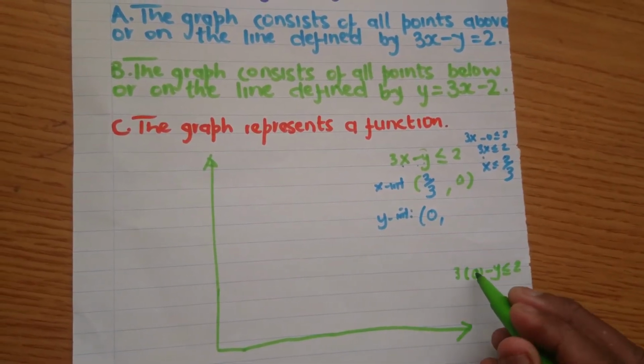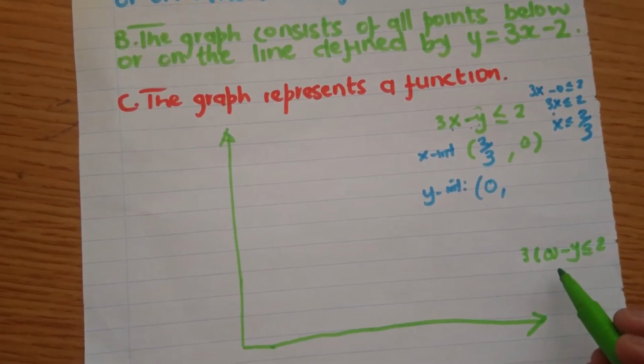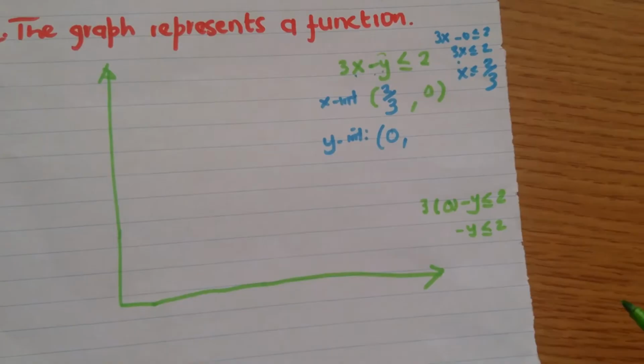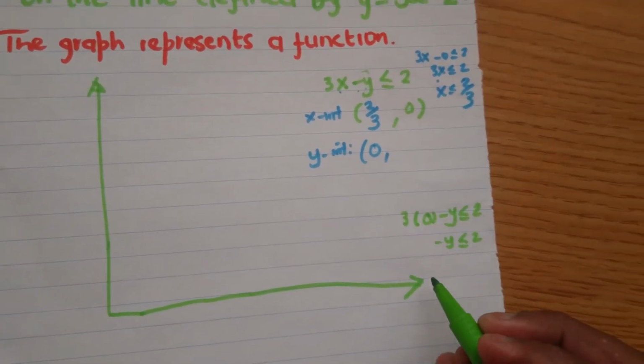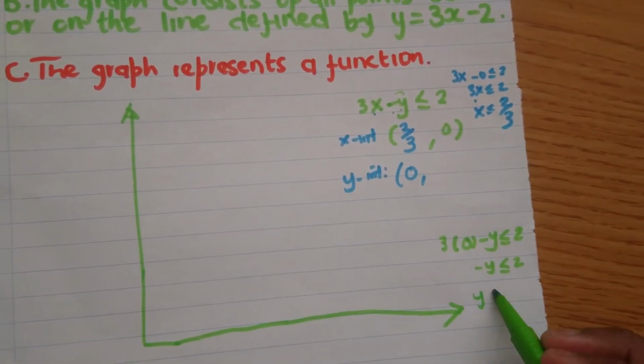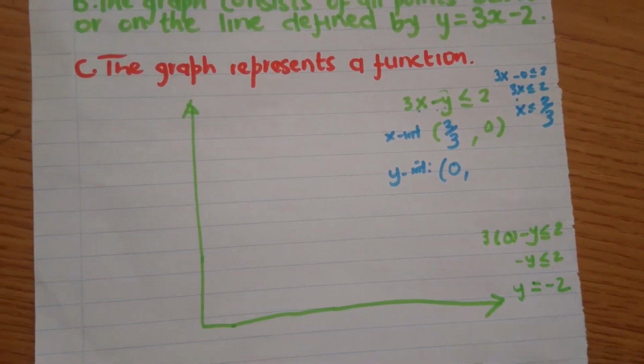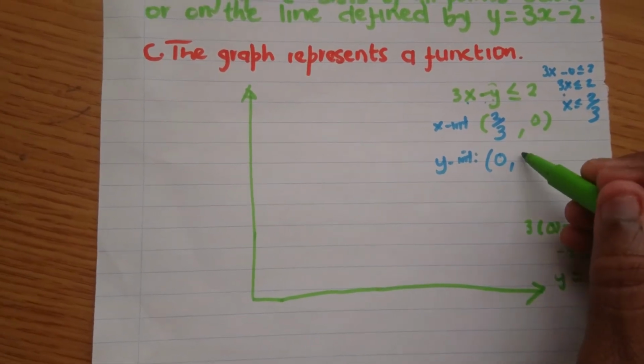Anything times 0 is 0, so it's 0 minus y, so it's going to be minus. Then y divided by negative, don't worry about the inequality sign, so y is negative 2.